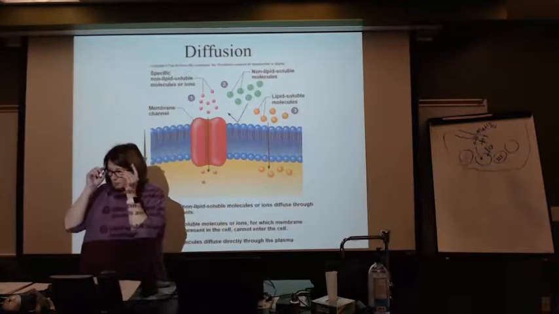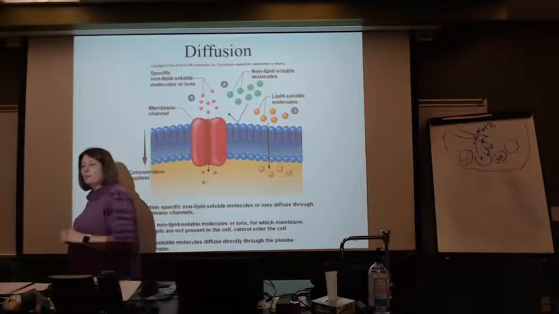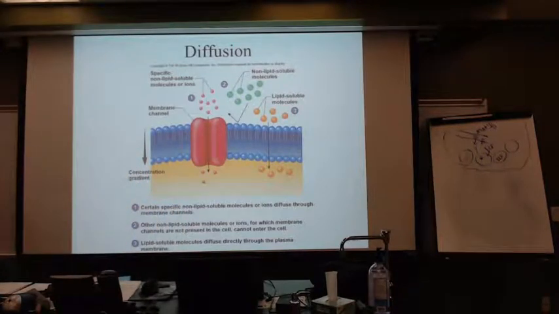For example, glucose. Glucose is the simplest sugar. And it's the one the cell can use first. However, cells do need to control its movement.